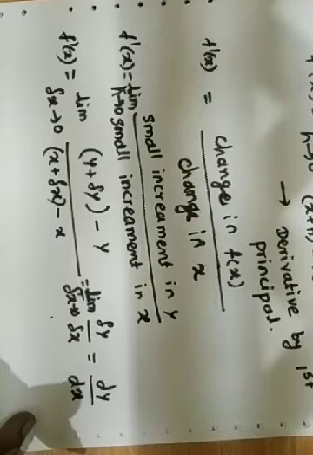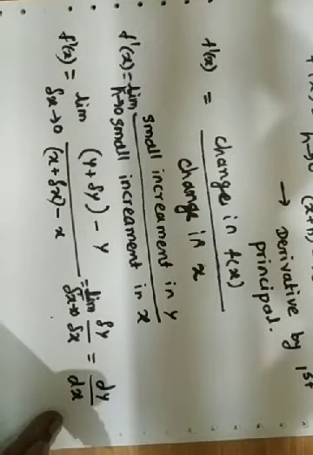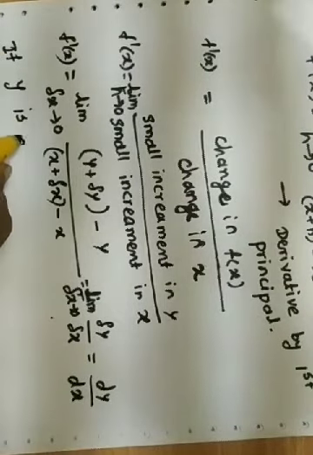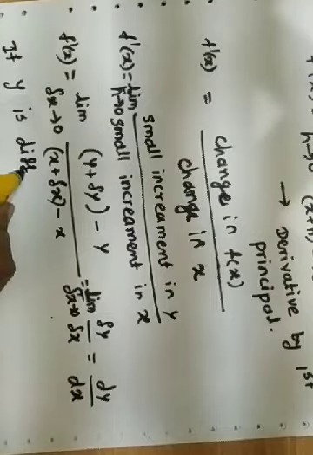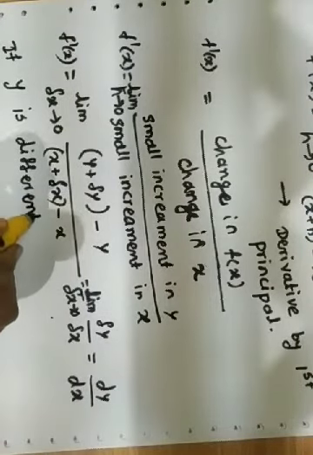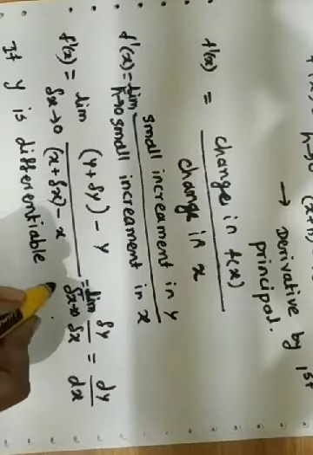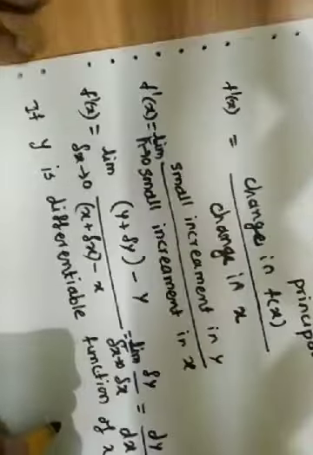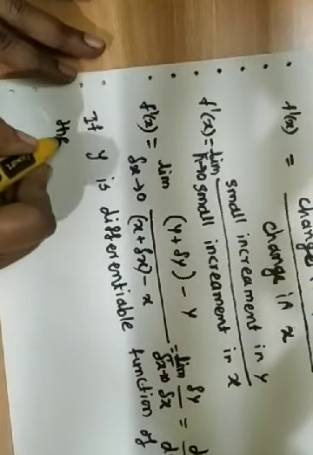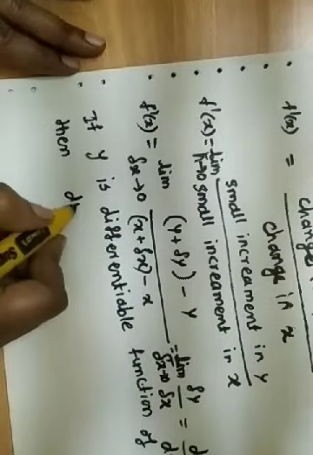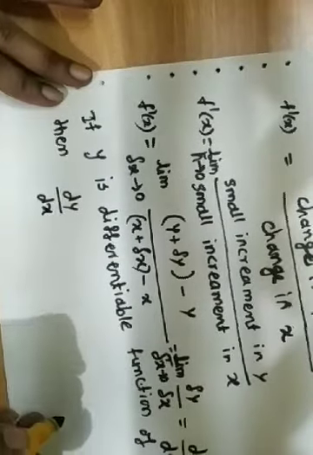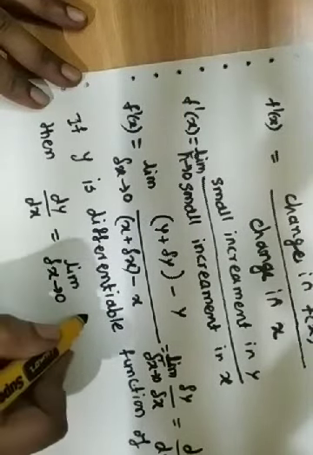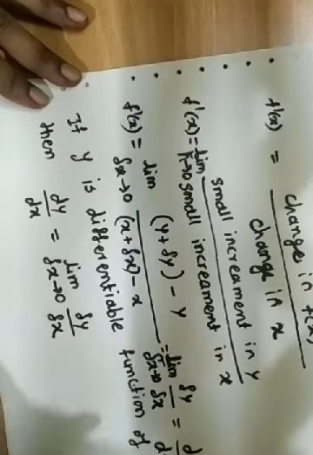What is meant by dy by dx? If y is a differentiable function of x, then we write dy by dx is equal to limit as delta x tends to 0, delta y by delta x.